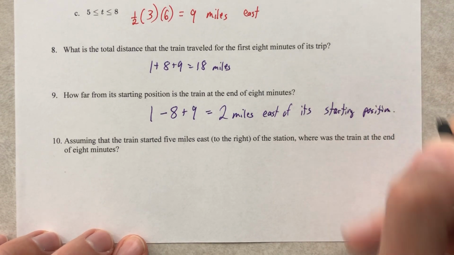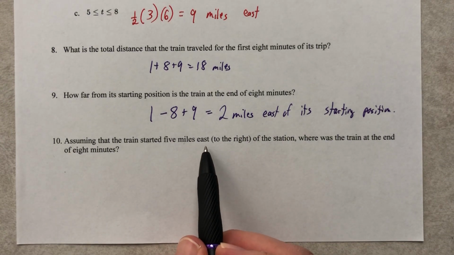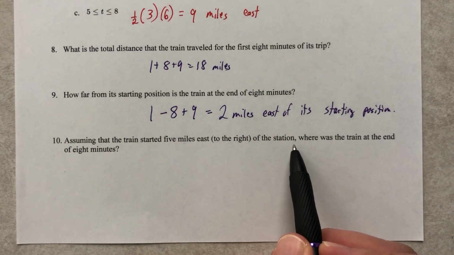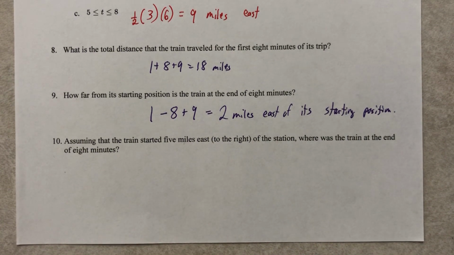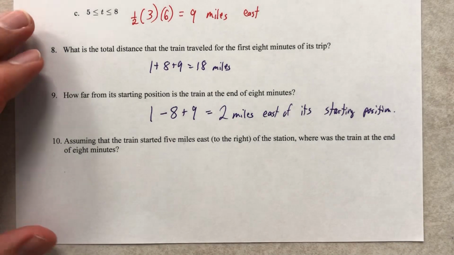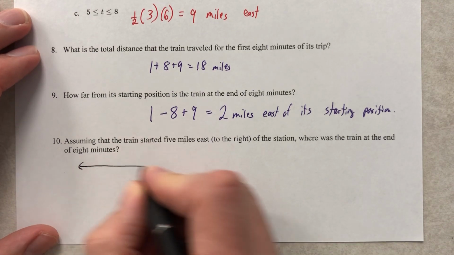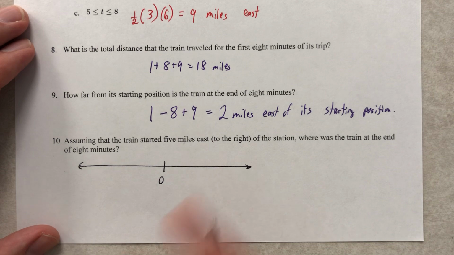Starting position. Okay. Assuming that the train started 5 miles east, to the right, of the station, where was the train at the end of 8 minutes? Okay, now we know where it started. The train, we need to draw this train. Here's your train track right here. That's the station.